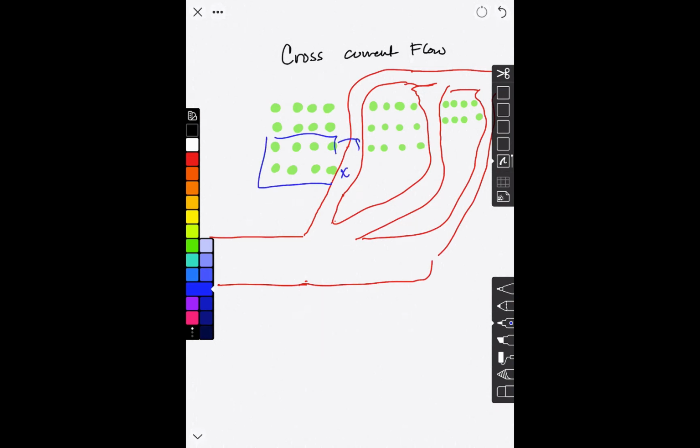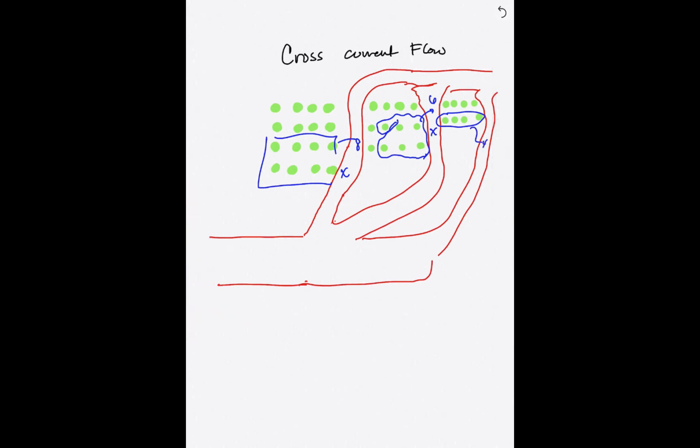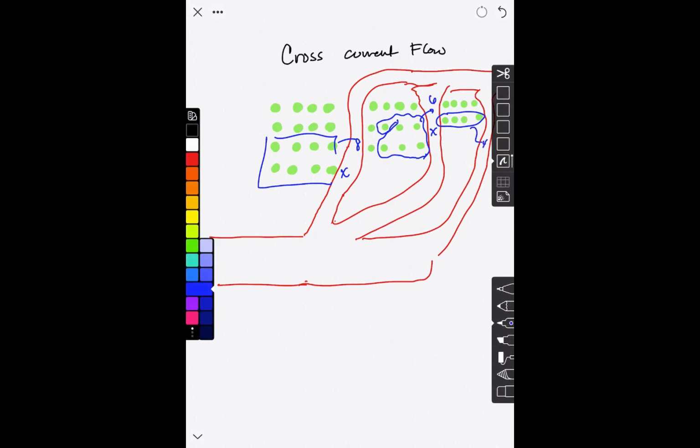So maybe it gets 8 oxygens in it. Then this vessel, which runs through this guy here, is going to try to equilibrate, which gives it 6 because we had 12 in that one. And this one here gets 4 to reach its equilibrium.